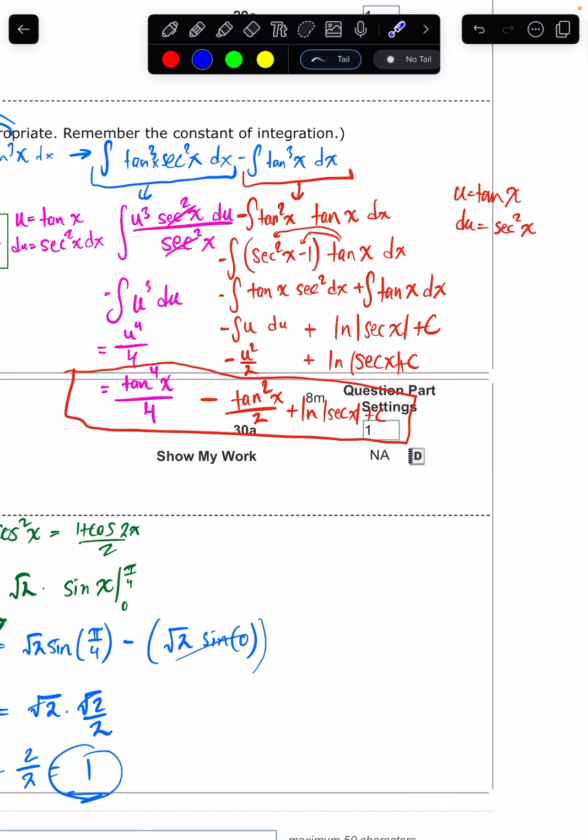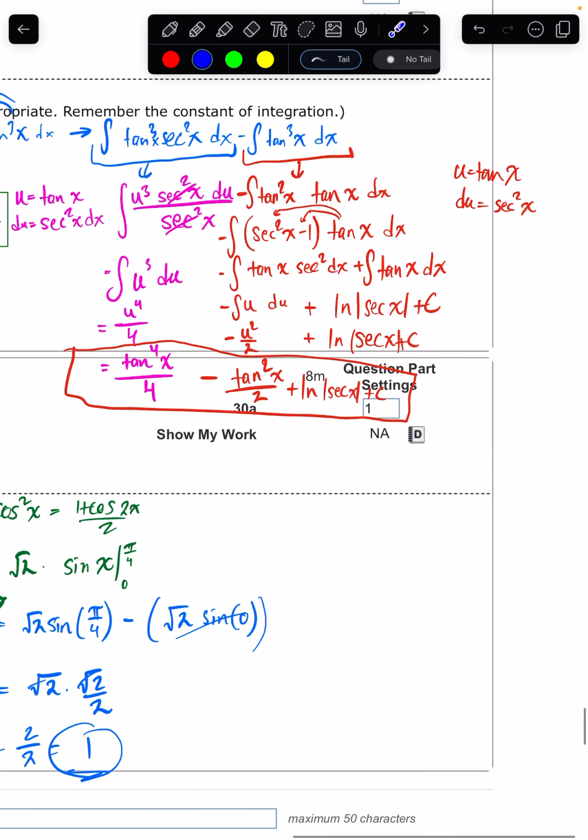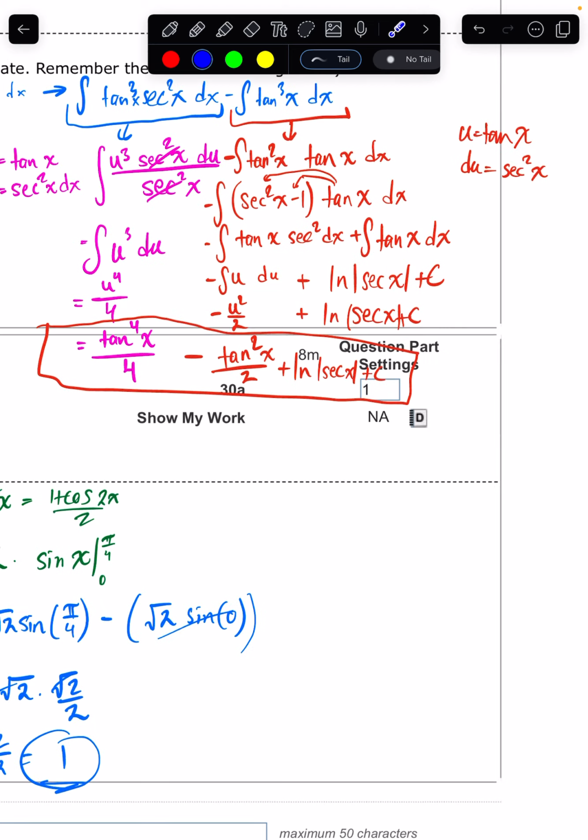It was pretty much the same, because we split up this cubed into tan squared times tan x, and then secant squared minus 1, distribute again. You're left with tan x times secant squared x dx plus integration of tan x dx.